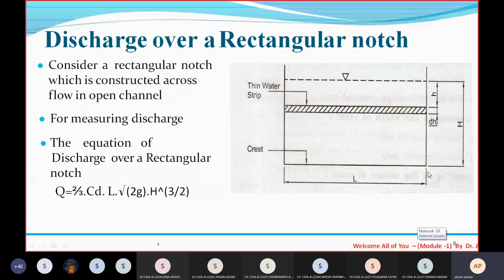Then this is the length of the weir or notch. Then this is the total depth of flow. And from the total depth we have to consider one layer of the fluid which has the thickness dh. So dh is the thickness of one thin water strip.